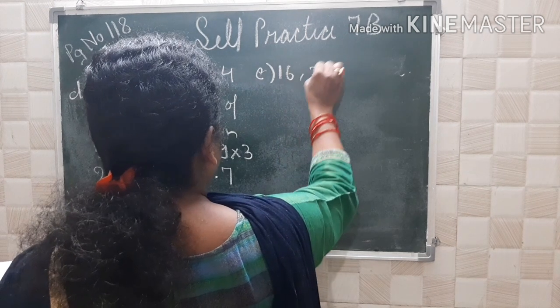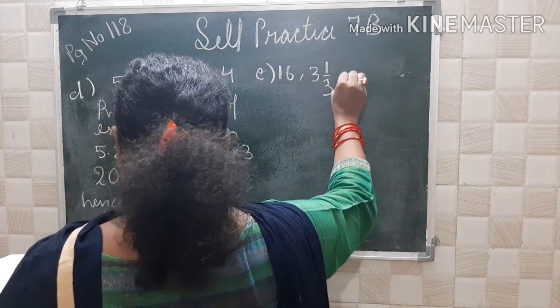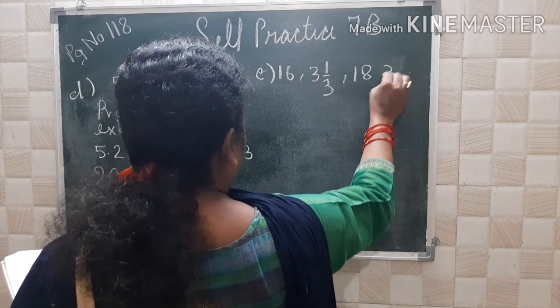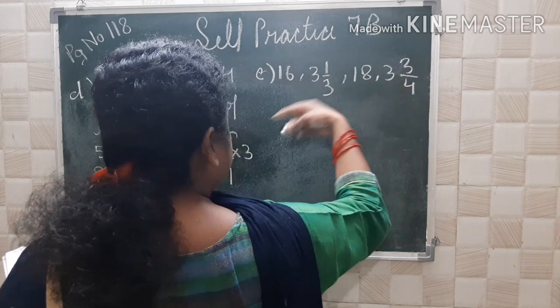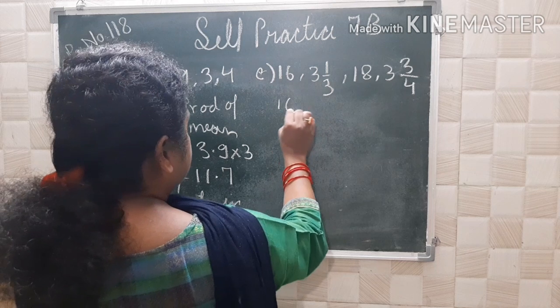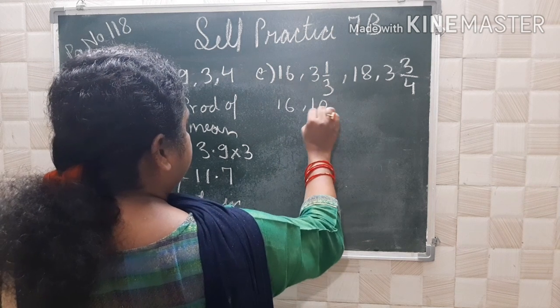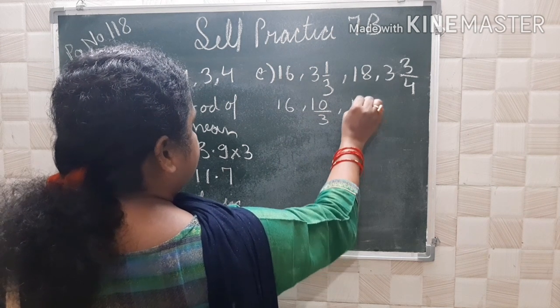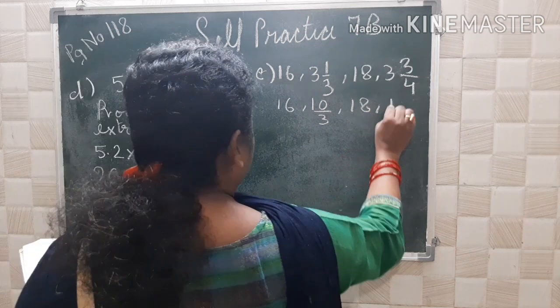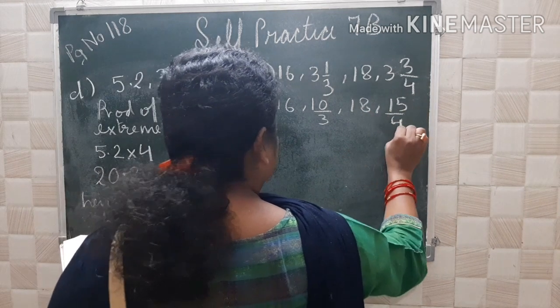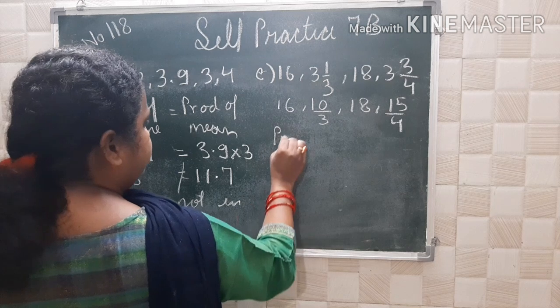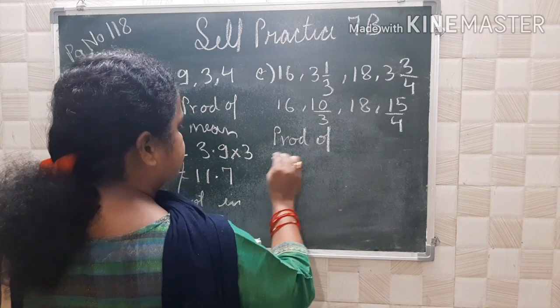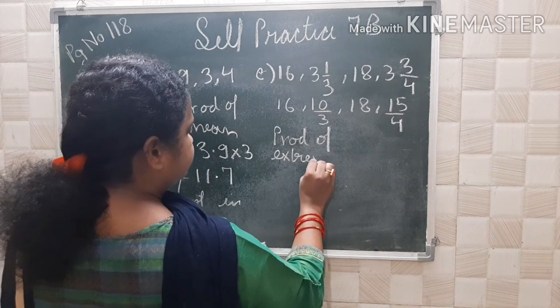16, 3 1 by 3, 18, 3 whole 3 by 4. Firstly you convert it to improper. The 16, 3 3s are 9, 10 by 3, 18, 4 3s are 12, 12 plus 3, 15 by 4. Now, product of extreme is equal to product of mean.